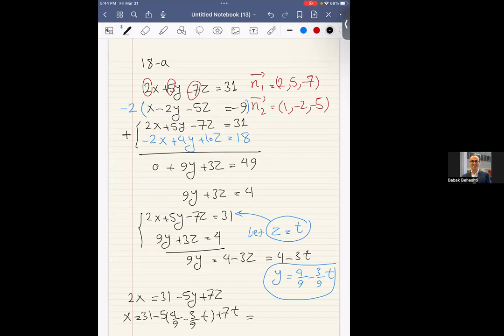So x equals 31 minus 245 over 9, and then you have plus 15t over 9 plus 7t.